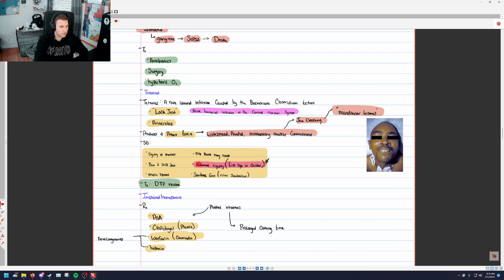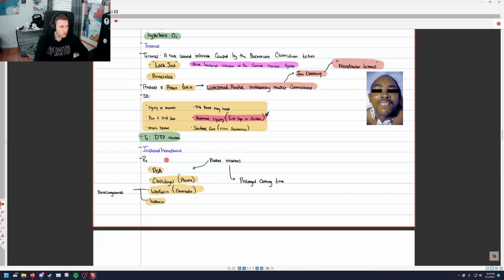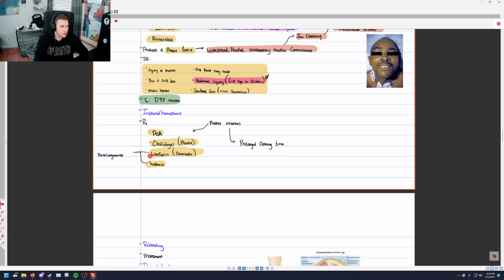Diphtheria vaccine, tetanus. I know this one's diphtheria, tetanus, and something else. Just get that vaccine, you'll be good. Some things that can impair our clotting factors are aspirin, Plavix, warfarin, heparin, any of our anticoagulants or platelet inhibitors.